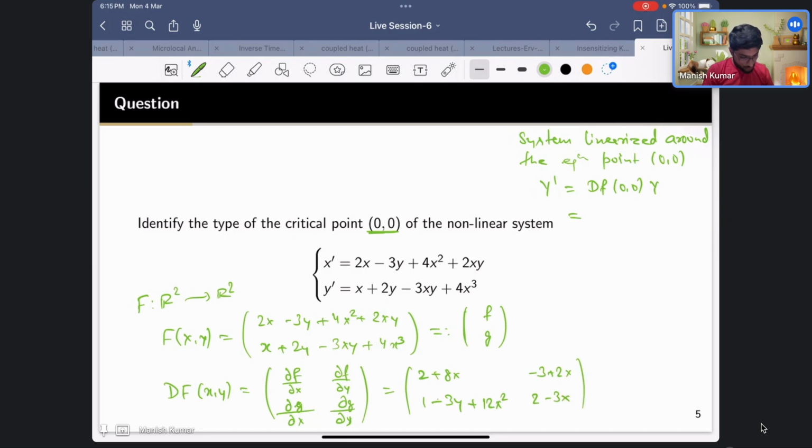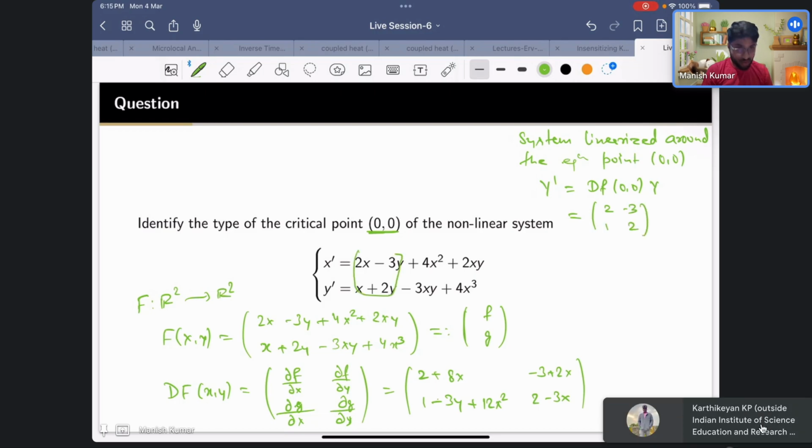That's it. So now if you substitute x equal to y equal to 0, what you get is 2, minus 3, 1, 2, right? So this is the corresponding system. Okay, so this is how we linearize it.